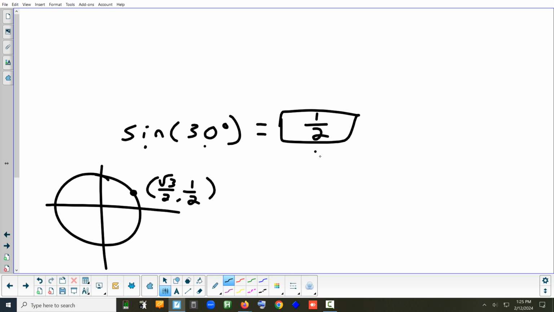This week, it's more like this. It's kind of the reverse question. So instead of me giving you an angle that you fill in and take the sine of, I'm going to tell you the answer is 1/2. You have to work backwards from the 1/2 to figure out 30 degrees.